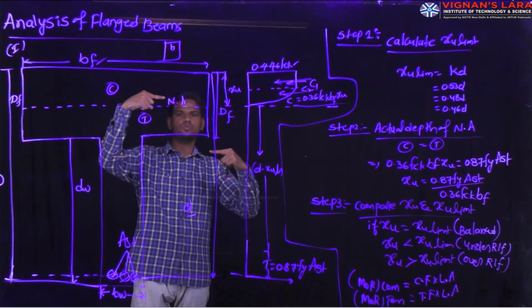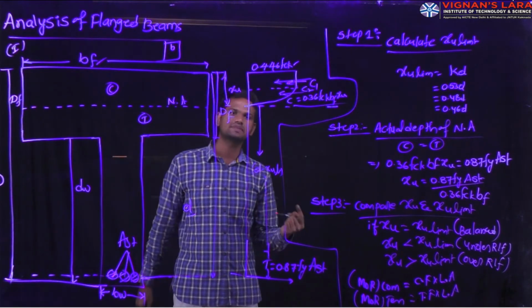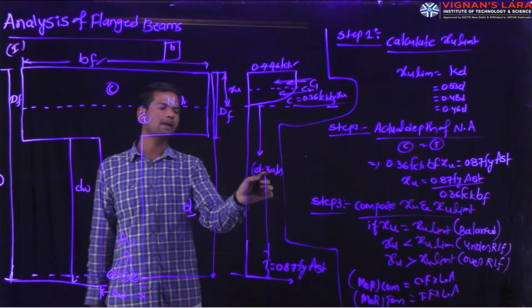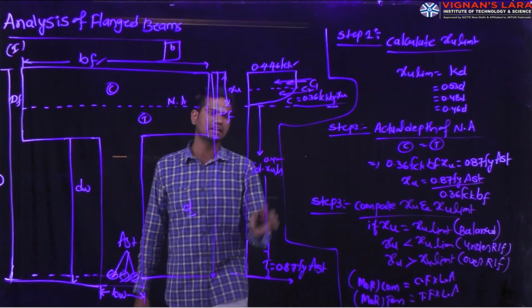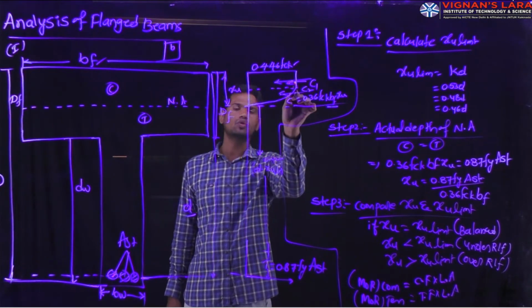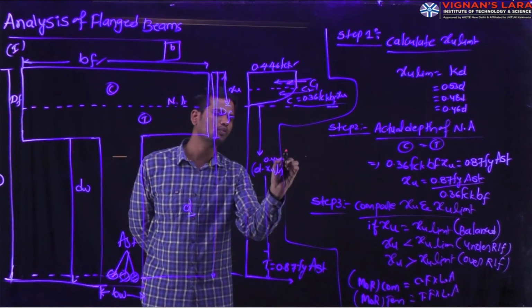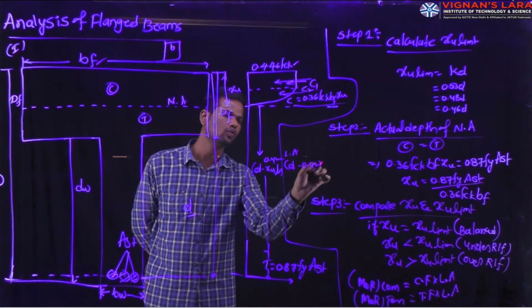This is also one type of force acting on the concrete member. Due to the equal and opposite compressive force and tensile force, a couple develops. That couple acts at a distance of D minus 0.42 XU, that means the lever arm. The lever arm distance we take from the total compressive force to the total tensile force, and that lever arm value is D minus 0.42 into XU.